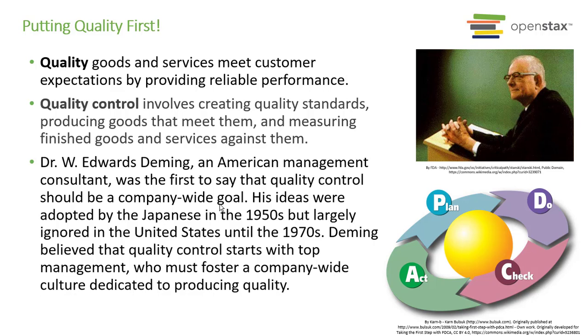So we had to play catch up in the 80s, and that's when we learned that he had helped Japan with quality, and we turned him down, actually. So not all of us. General Electric was one of the very early adopters of the Deming method in the 50s and 60s. Deming believed that quality control starts with top management, who must foster a company-wide culture dedicated to producing quality.